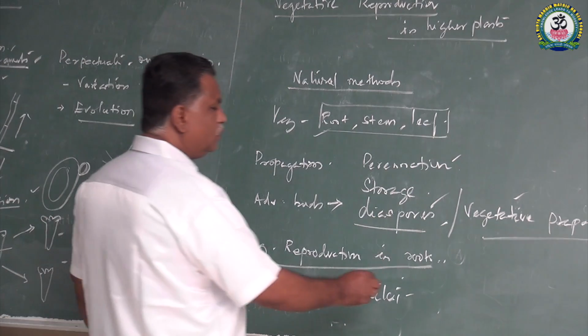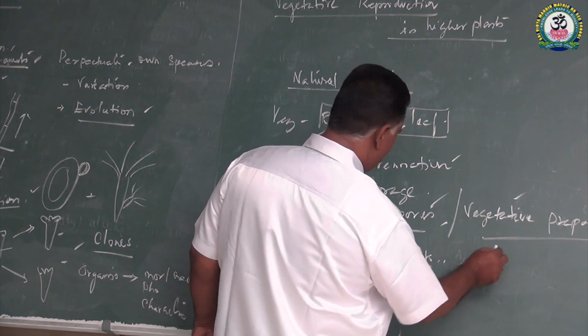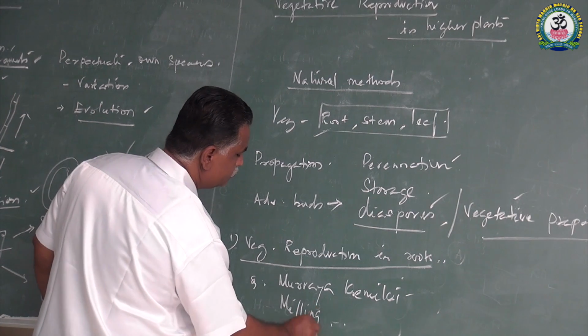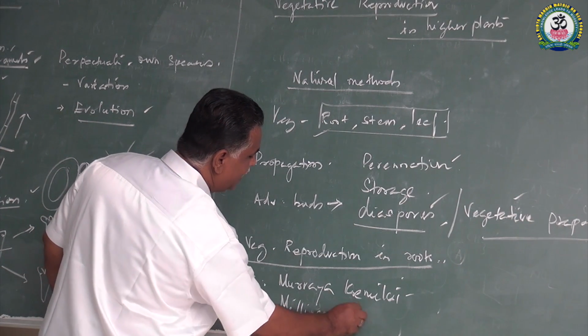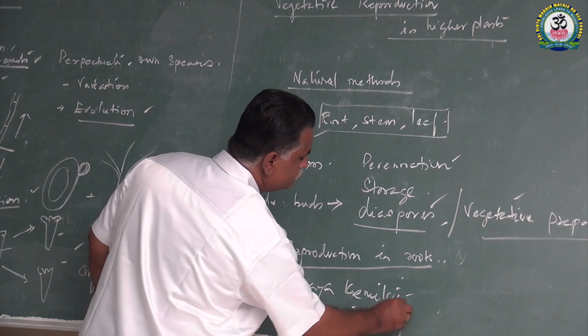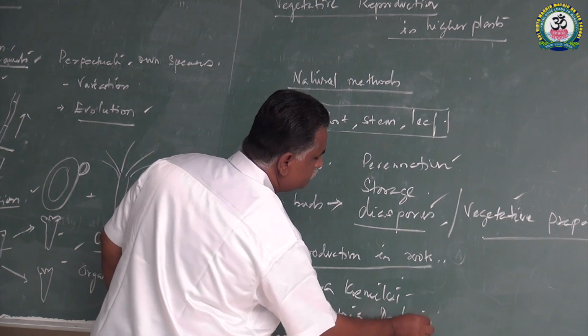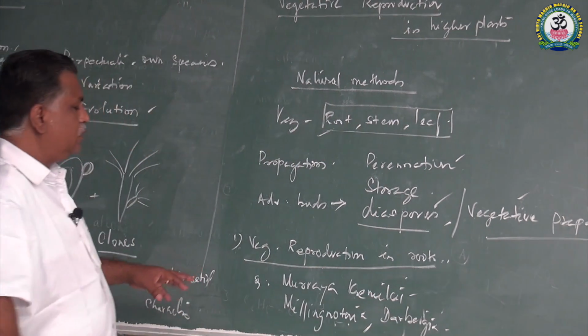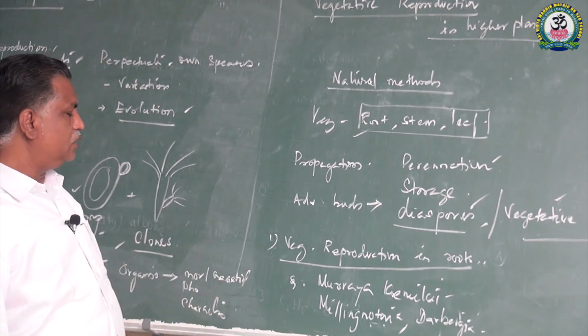See the root, then Millingtonia and Dalbergia plants are also involved in this type of propagation.